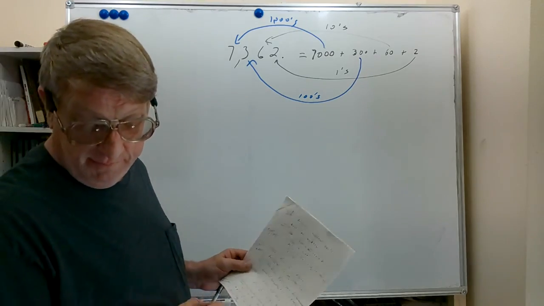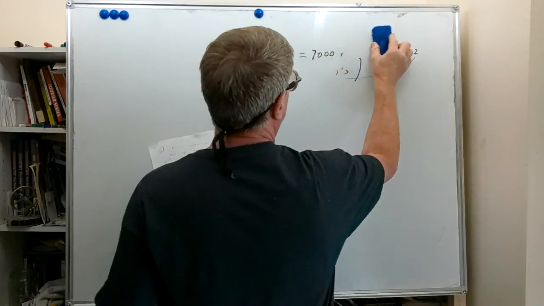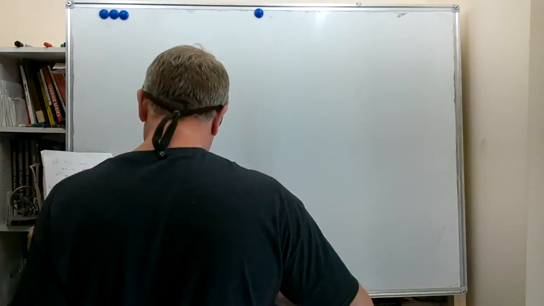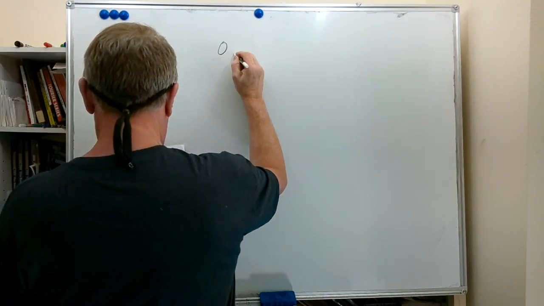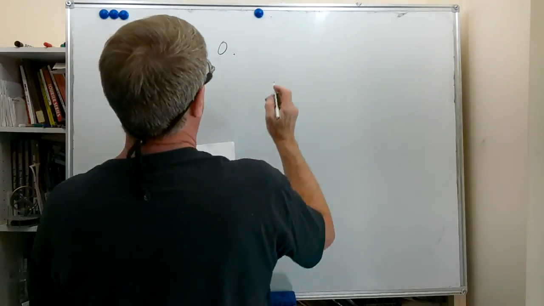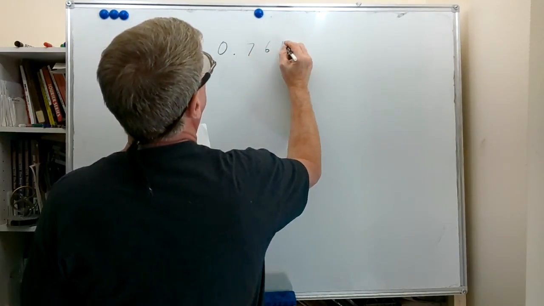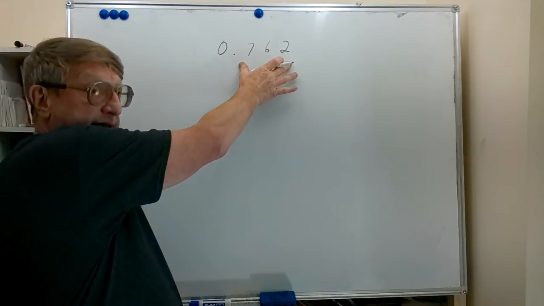Now we're going to talk a little bit about the numbers to the right of the decimal place. I'm going to put a 0 here, and I'm going to go point, 762. This is what we call a decimal fraction.